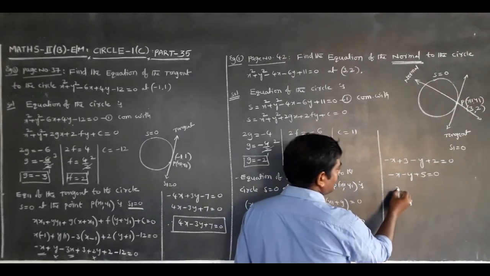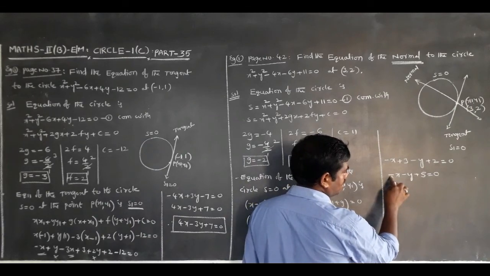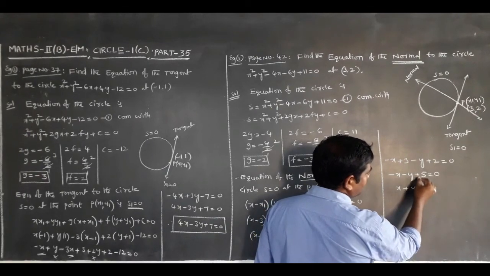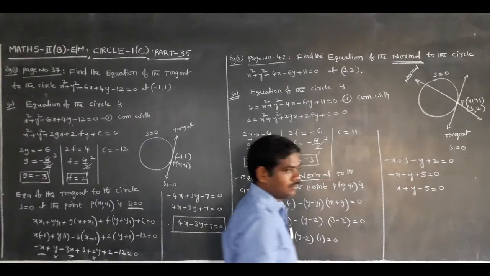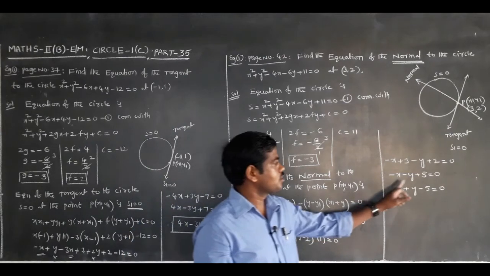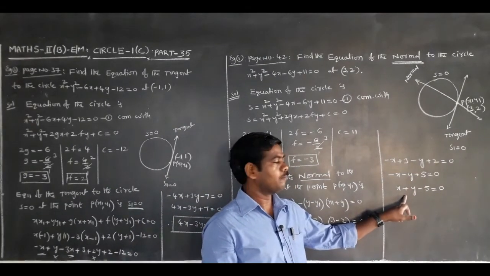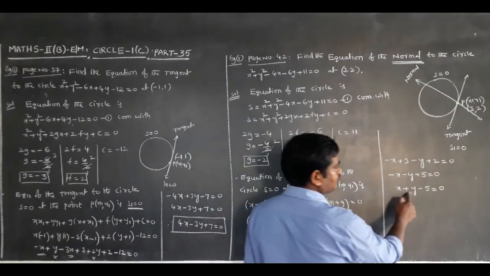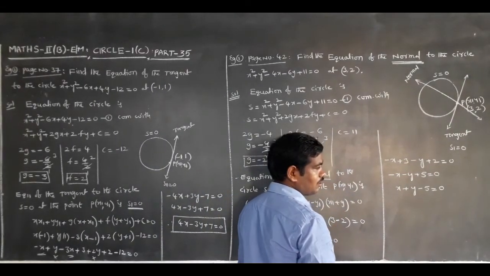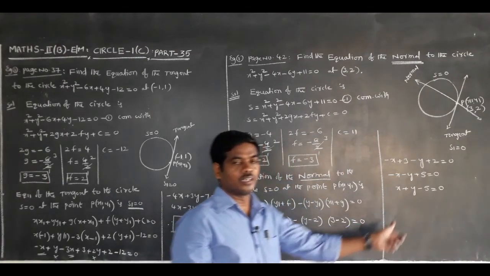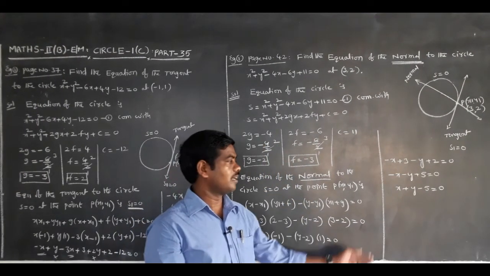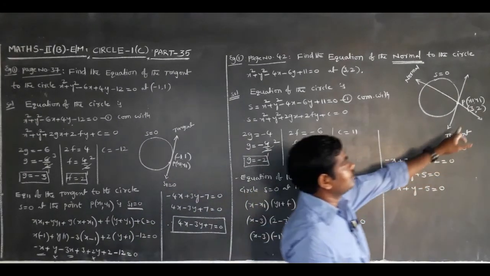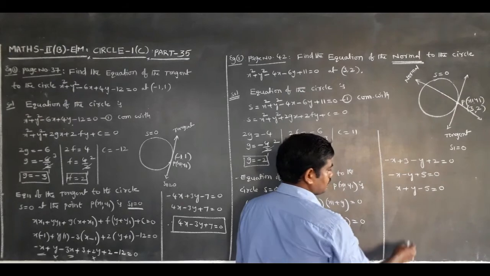Multiply with minus: minus is plus, x plus y minus 5 is equal to 0, which is the required equation of the normal to the circle S is equal to 0 at the point (3, 2).